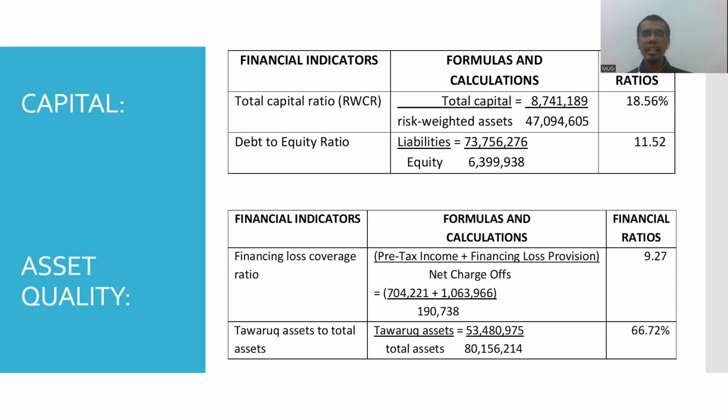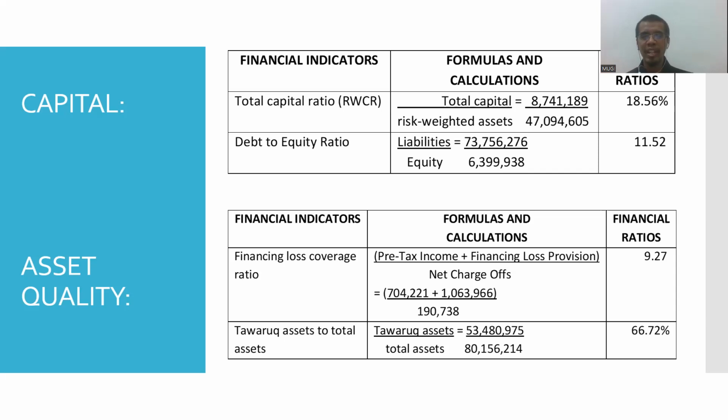The net charge off is the real money, the net money you will get from all the bad debt accounts. So the net charge off is the bad debt loan minus the real money you will recover from the bad debt. So you will get the net bad debt.